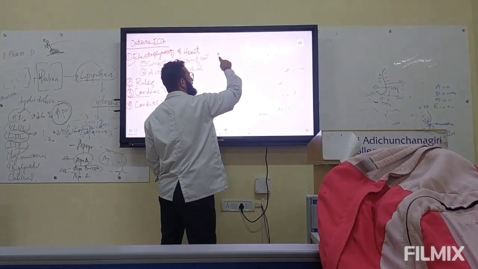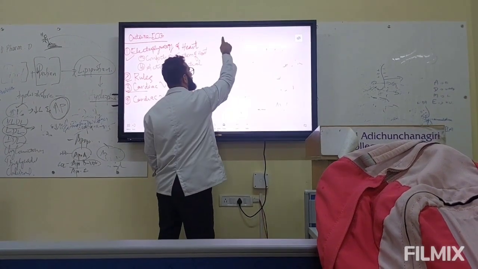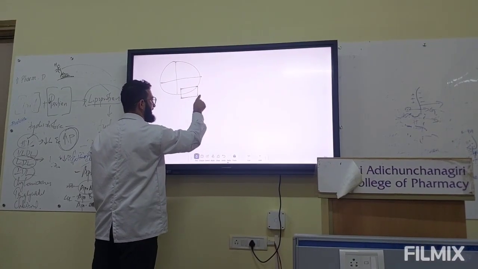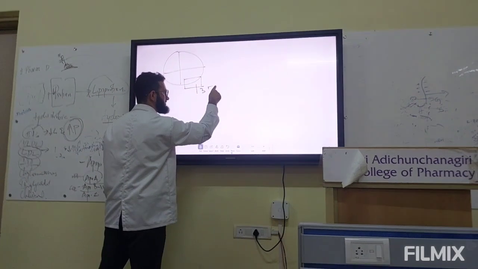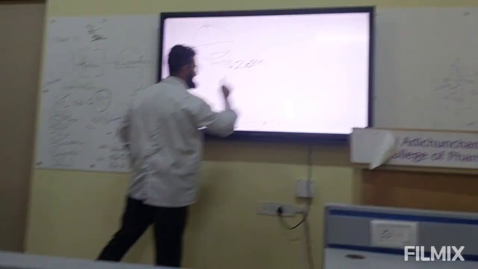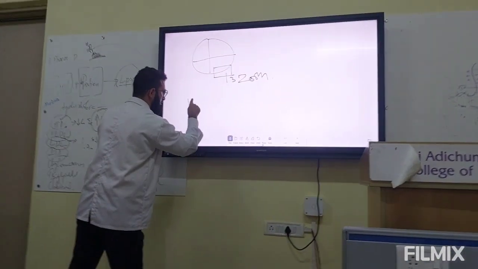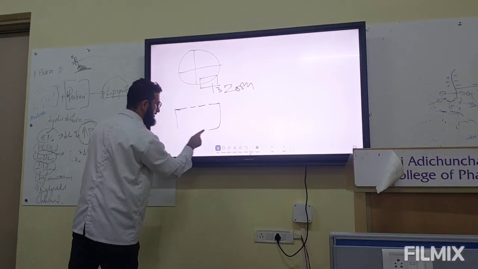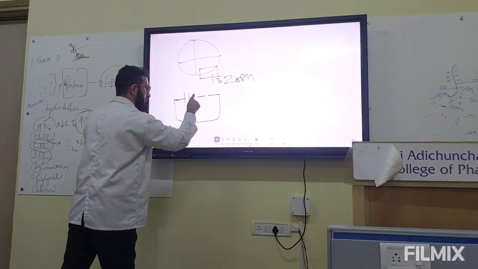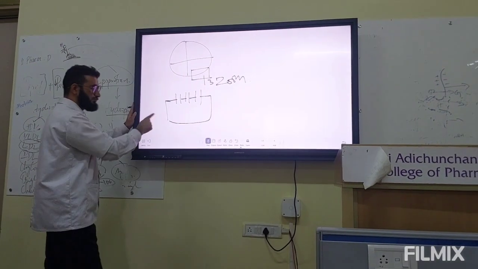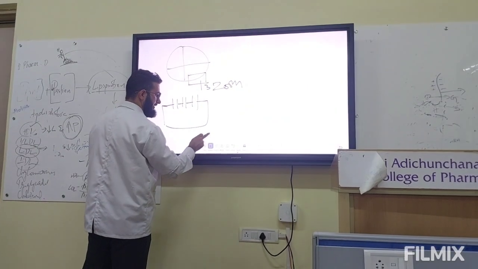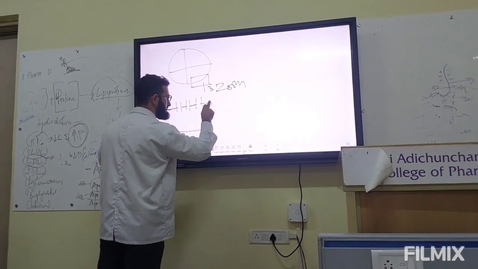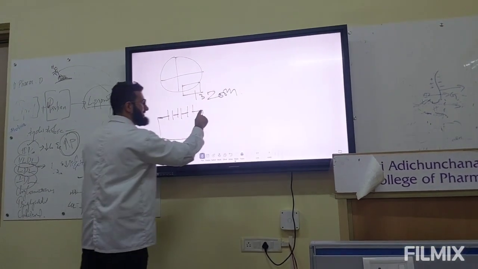See, this is the heart, the cross section of the myocardium, and we will zoom in on 3 cells. How many cells? 3 cells, like this. This is one cell, this is another cell, and this is another cell.